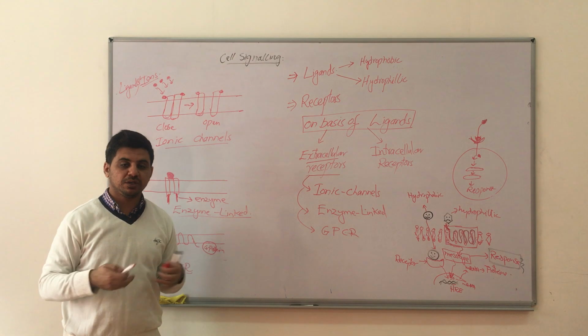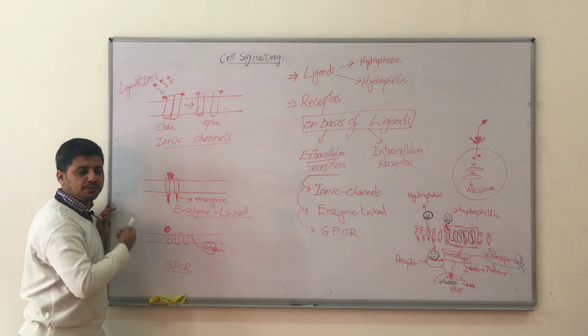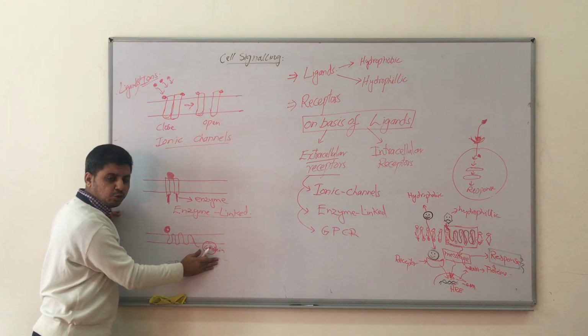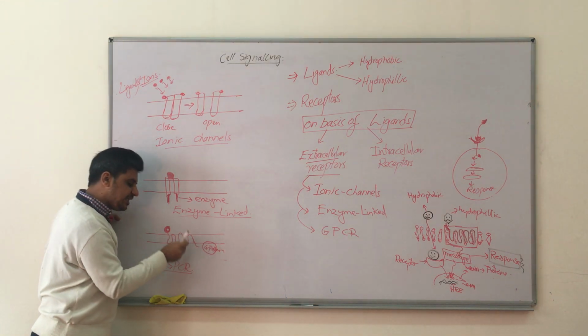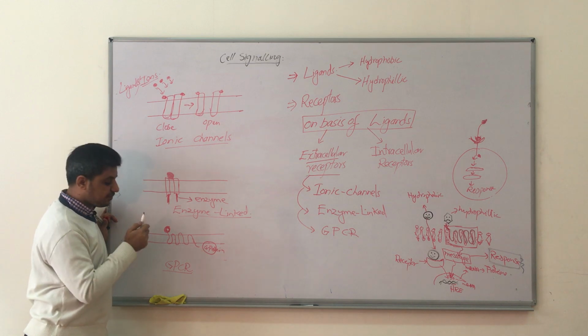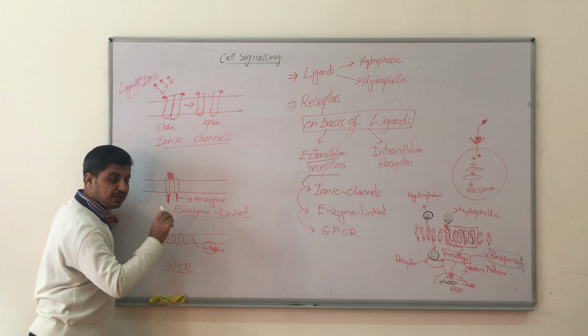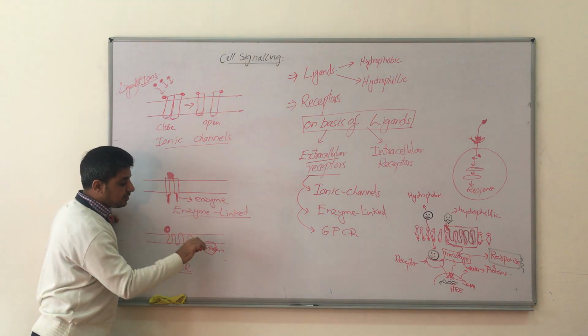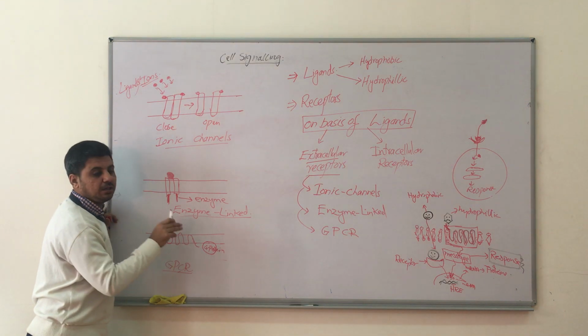They can't be separated. If there is no G protein, GPCR will never work. If there is a G protein, then GPCR will work. So that's why they are named G protein coupled receptors, because this receptor works on the basis of G protein, and there must be a G protein to work.